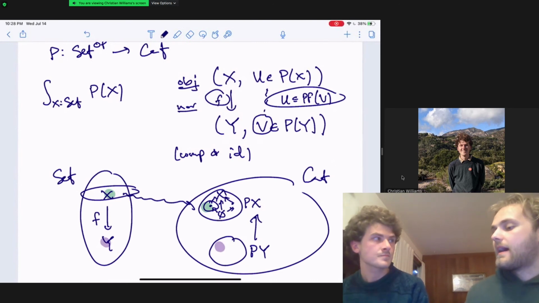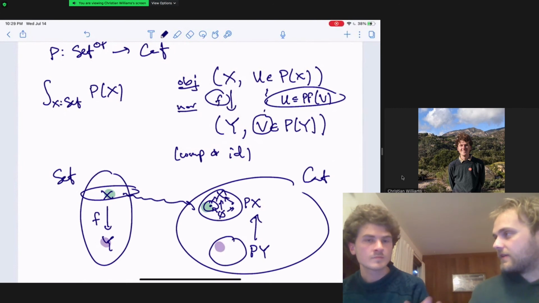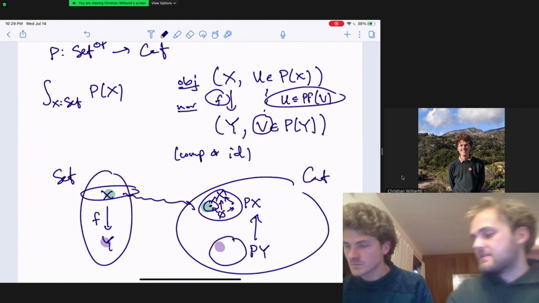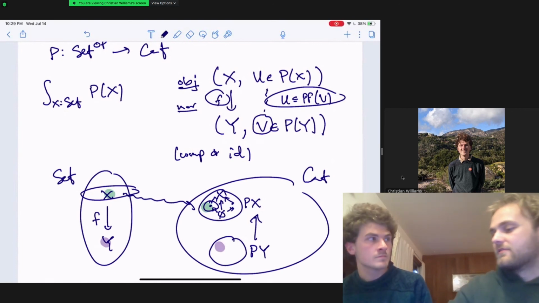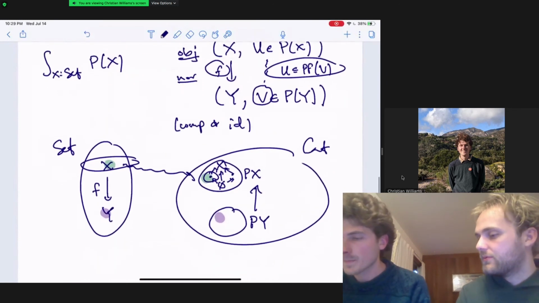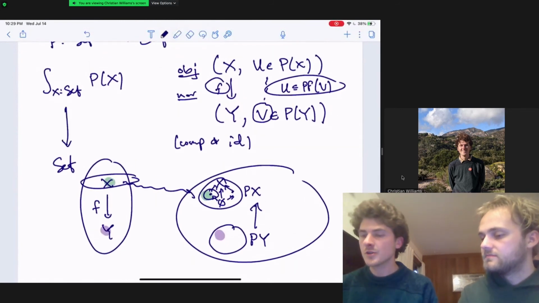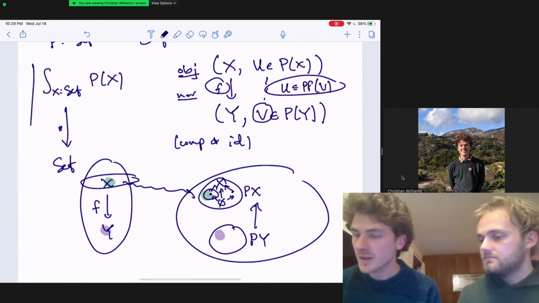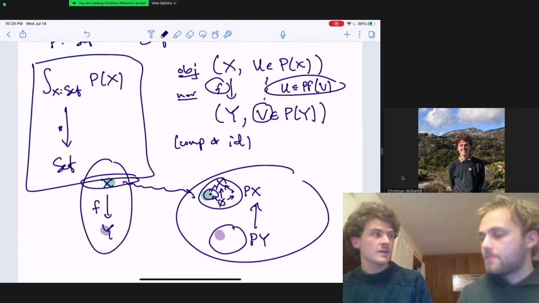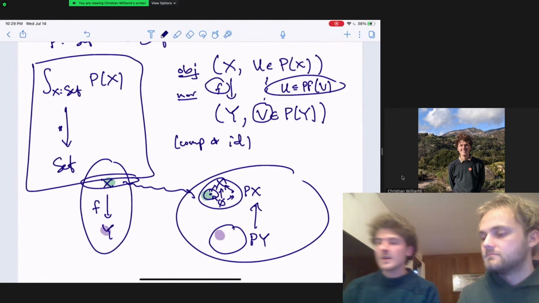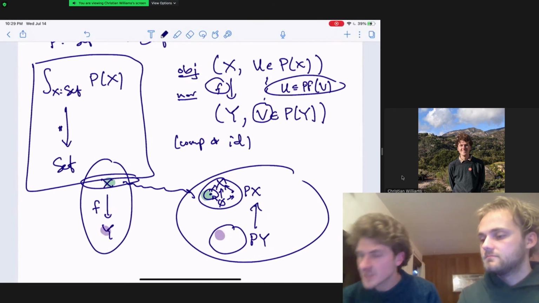What does that correspond to in this fibration language, when you think of this as a category living over Set instead of a functor from Set to Cat? What structure corresponds to those adjoints? Good question. Now the real structure we're thinking about is the fibration where the functor is just projection. That's a good question.